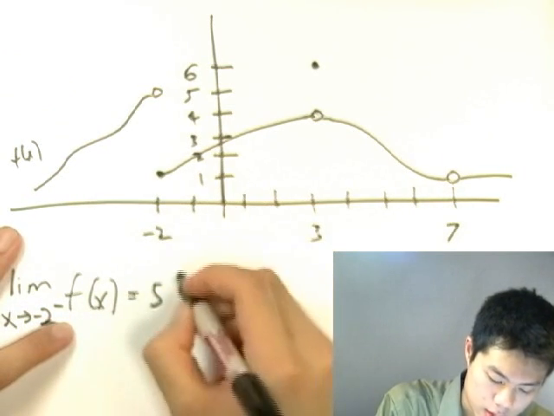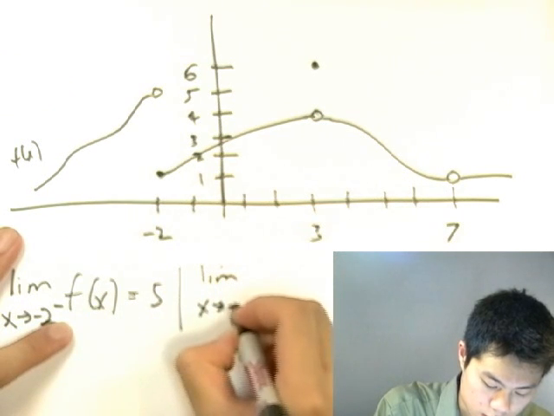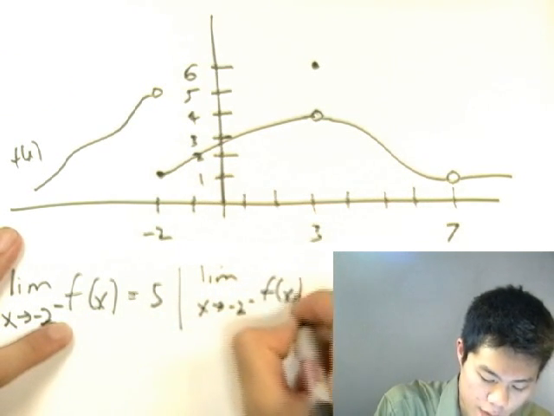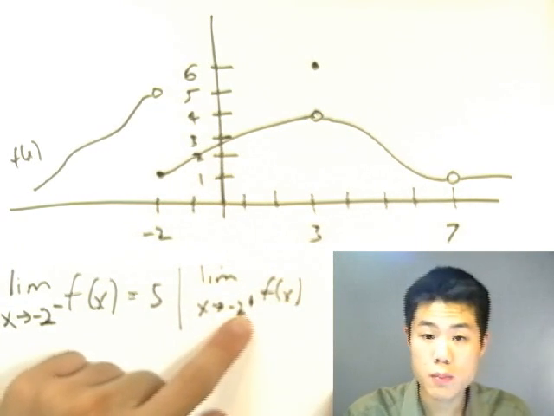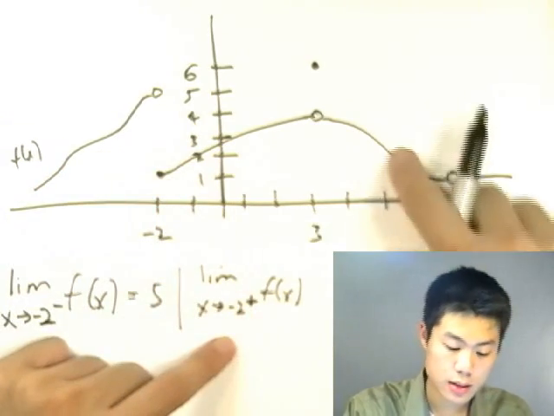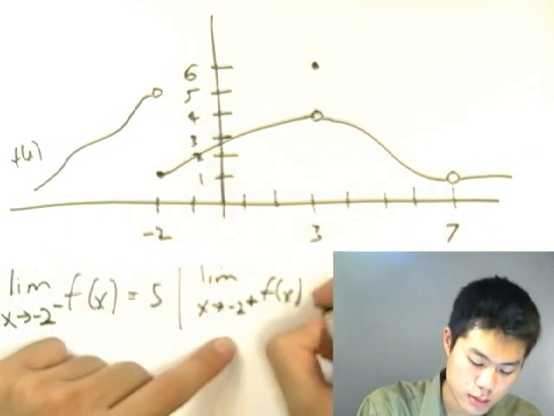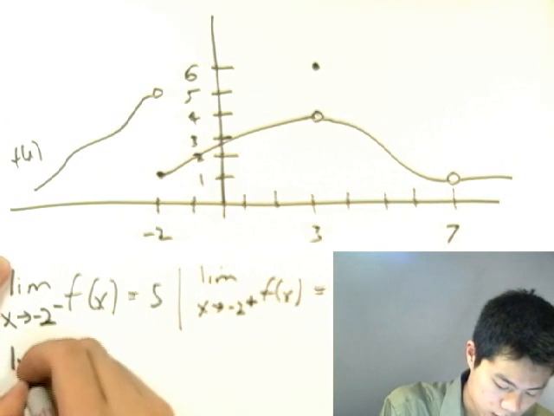Now let's ask ourselves, what's the limit of f of x as x approaches -2 from the right side? Plus sign here. And the answer to that is 1. Next question.